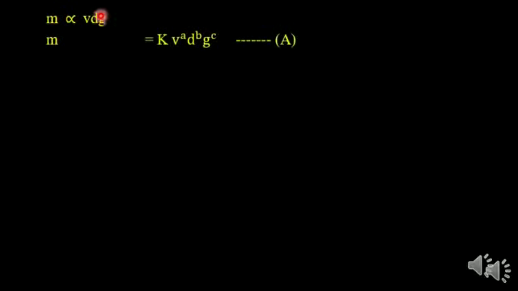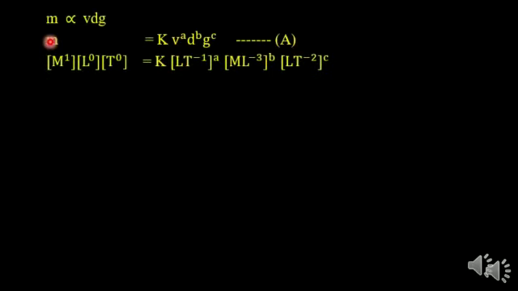Replace proportionality by equal to and a constant k, and give a, b and c as the powers of v, d and g respectively. Then the above equation becomes M equals k v to the power of a, d to the power of b, g to the power of c.